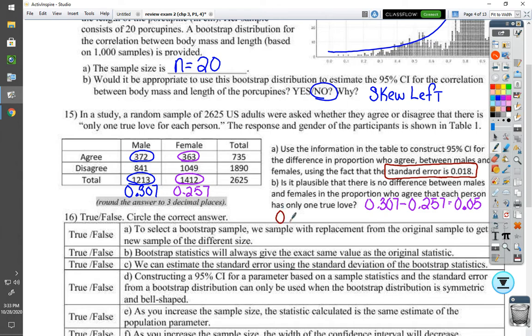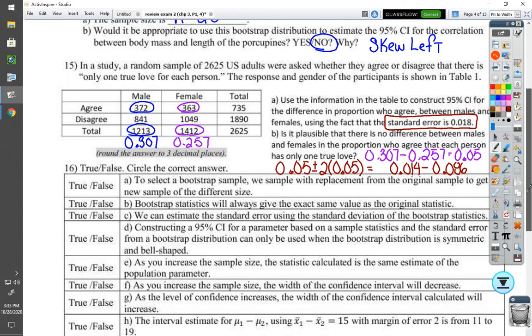So I'm going to take 0.05 and add and subtract two standard errors of 0.05, for a CI of 0.014 to 0.086.